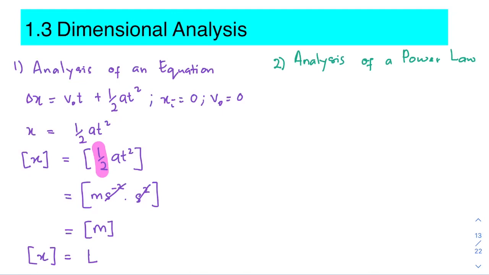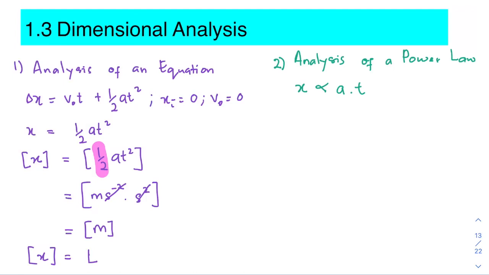From a paragraph of statement, we are now going to convert it into a mathematical expression. x is depending on the acceleration and the time. But how is it depending on them? Is it directly proportional? Is it inversely proportional? We don't know. So we are using dimensional analysis to derive a proper equation from a statement given, or another term used in your textbook is analysis of a power law.